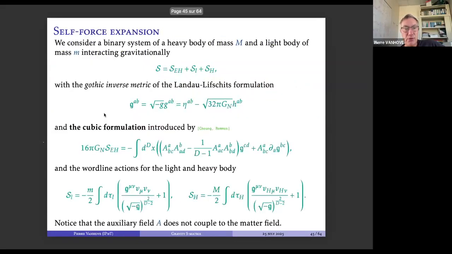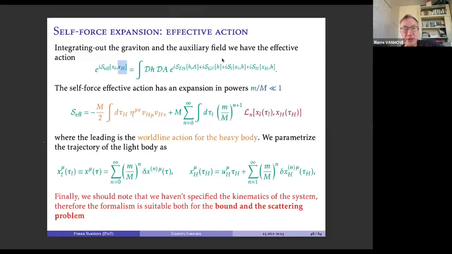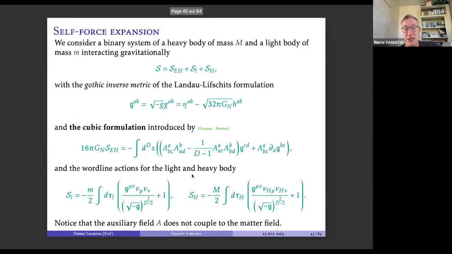So the way you do it, it doesn't matter, right? At the end of the day, everybody should agree on what is the effective action for the equations of motion for your 2 black holes, whether you work with the standard de Donder gauge and what I've explained before, with standard perturbation in flat space, or I work with this inverse Gothic metric and this formalism that is here.